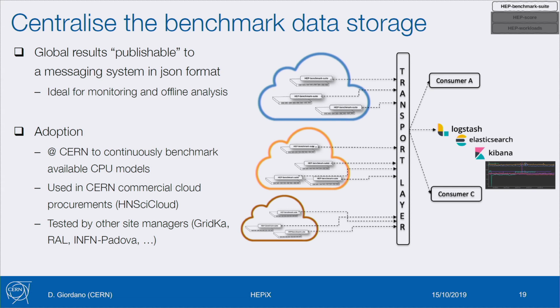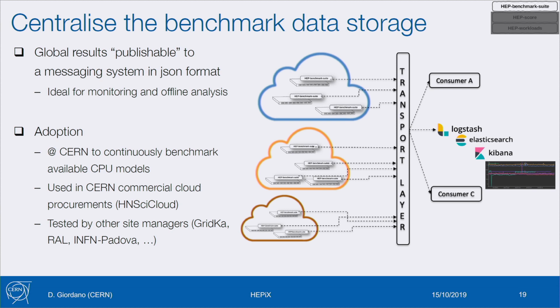And here is a sketch of what we are doing and have done in the past. I'm using this extensively at CERN, benchmarking machines at CERN continuously in this way, but we have also used it in commercial cloud procurement, benchmarking VMs in another cloud, or at other sites using this same approach.